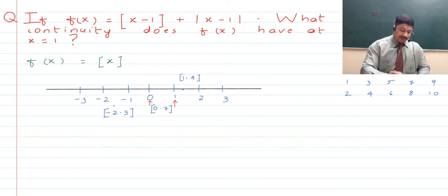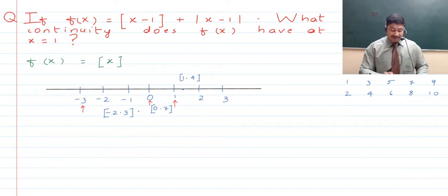Remember, children, if you talk about this -2.3, it must be coming somewhere here. And if you talk about the closest integer which is on the left hand side of it, obviously the answer which comes to you is -3. So this is slightly different from positive numbers. In the positive numbers, you rather take a number which is lesser.